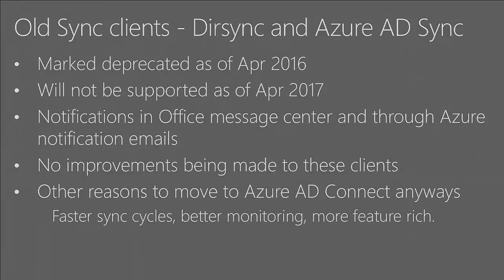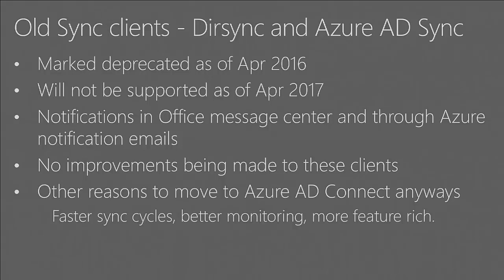But the reason we mentioned this is we marked these deprecated, and we're targeting April 2017 to actually cut support for these, right? And we've been sending our notifications through the Office 365 Notification Center, through Azure notification emails to get customers to upgrade to Azure AD Connect.